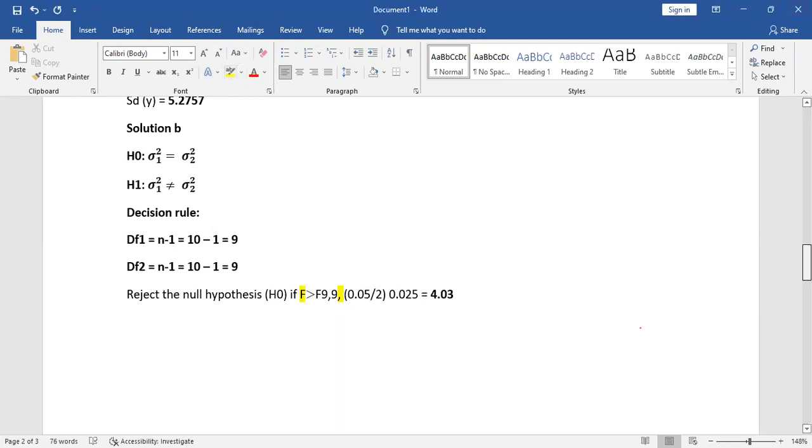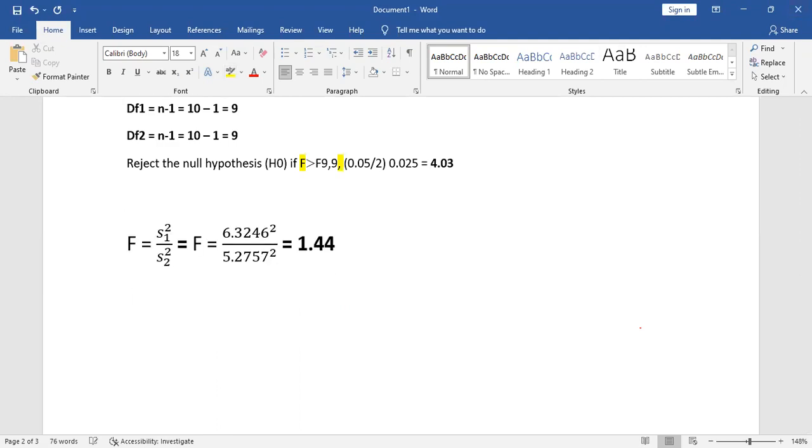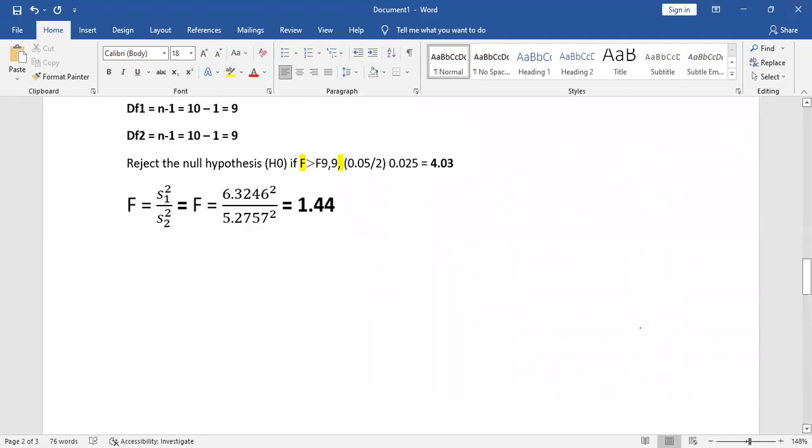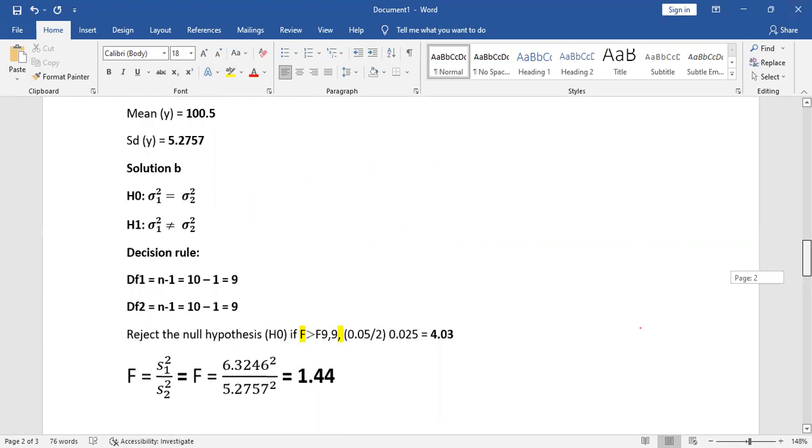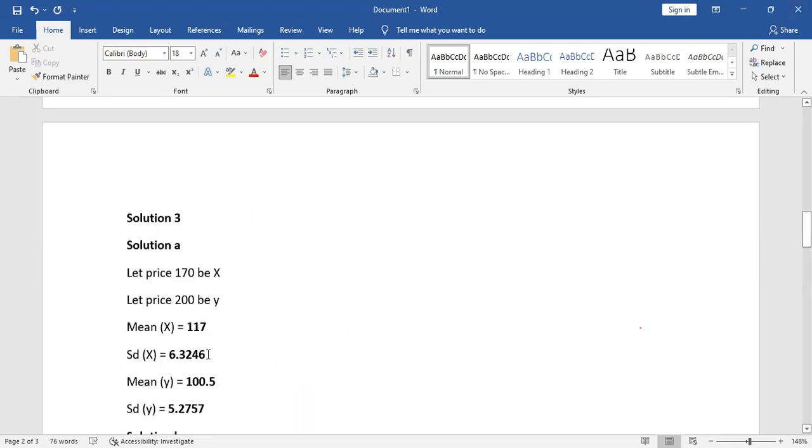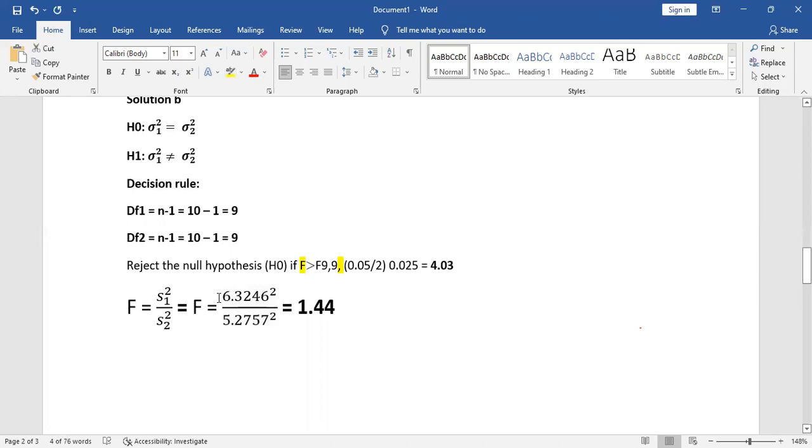We had pre-calculated the F. The F value is variance 1 divided by variance 2. We had calculated the standard deviation. The standard deviation for X is 6.3246. When you square this standard deviation, it becomes the variance. That's what comes on top, variance 1.